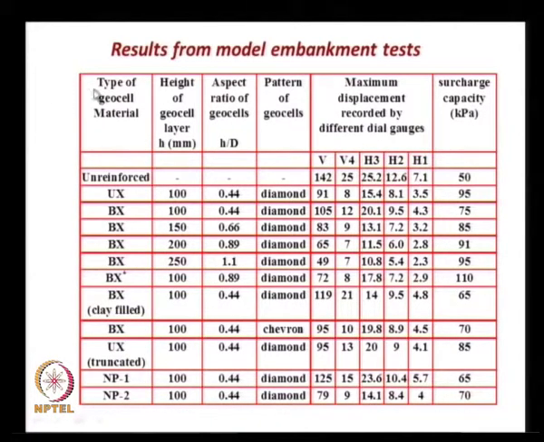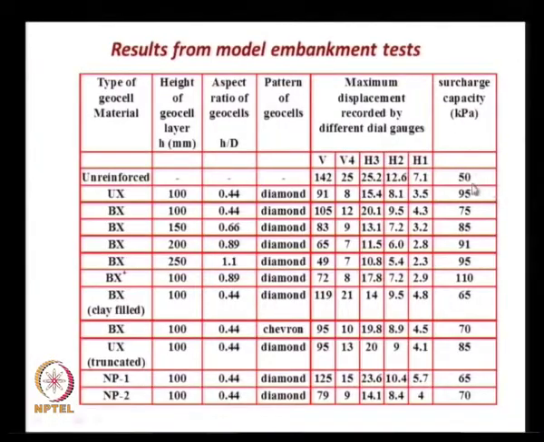In the first column we have the type of geocell material, the unreinforced one, wherein there was no geocell mattress, and the maximum pressure that we could apply on top of the crest of the embankment was about 50 kPa.